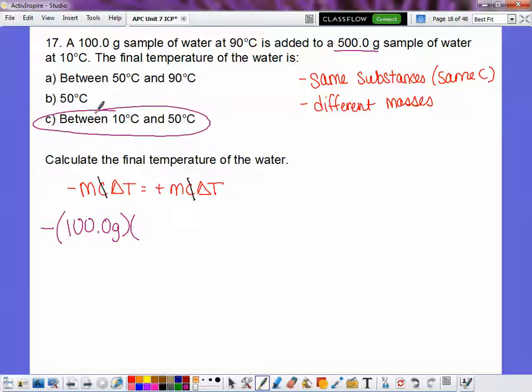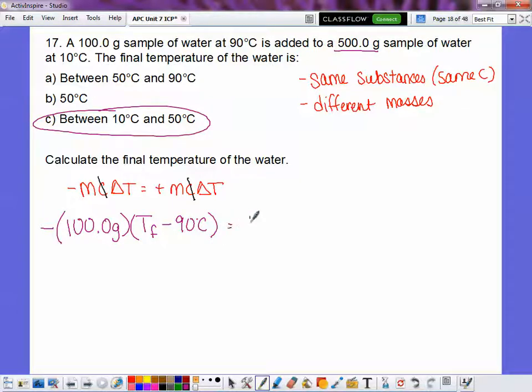But we're actually going to do the math to calculate where it would be. Okay? So that's what we're doing here. So negative 100 grams times, now we're calculating the final temperature. So that's going to be a variable. If you don't like using letters with subscripts, just put it in as X if that makes it easier for you. The 100 gram sample is starting at 90 degrees. Okay?